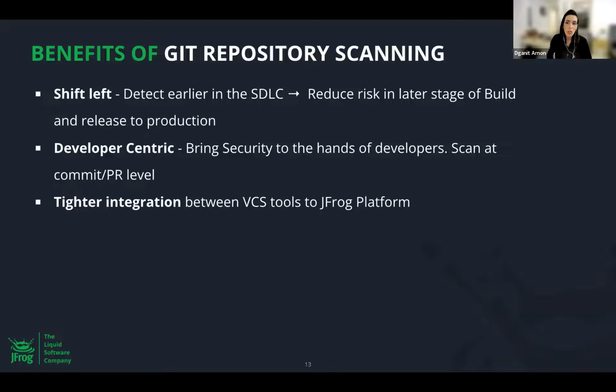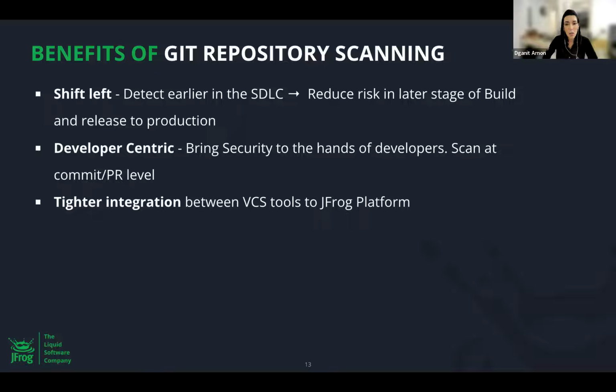But we want to shift left even more to detect as early as possible as part of our code phase. And this, of course, will reduce the risk in later stages when running the build and when we're releasing to production. And this will actually bring security to the hands of developers during development in their own environment, in Git.